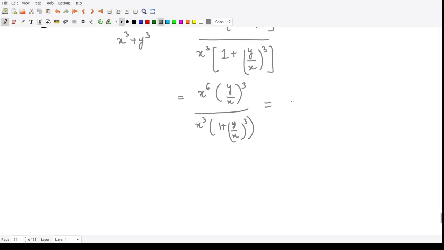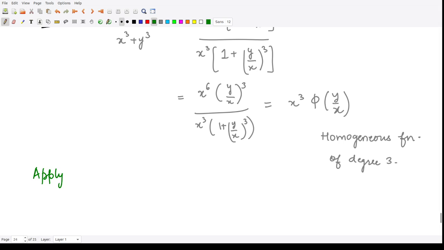So this becomes x cube into some function of y by x. That means it is a homogeneous function of degree 3. So now we can apply Euler's theorem onto it.